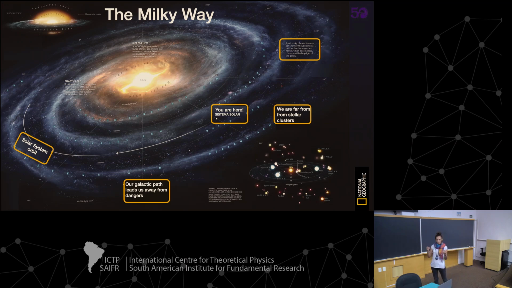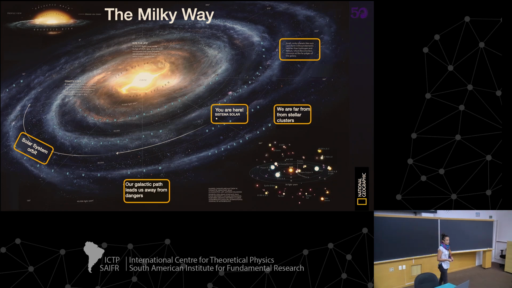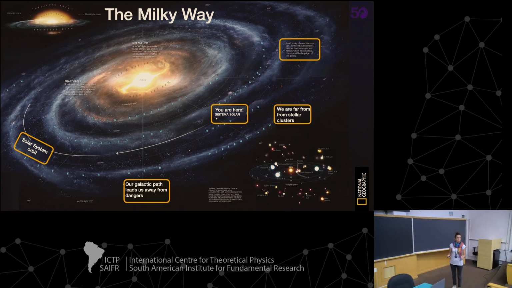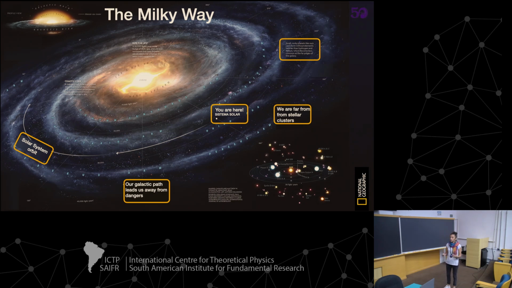So we don't crash with other stars, and we don't encounter other stars that destabilize our solar system and things like that. This is very important for having a stable planetary system. So yeah, we are away from dangers and we are away from stellar clusters.